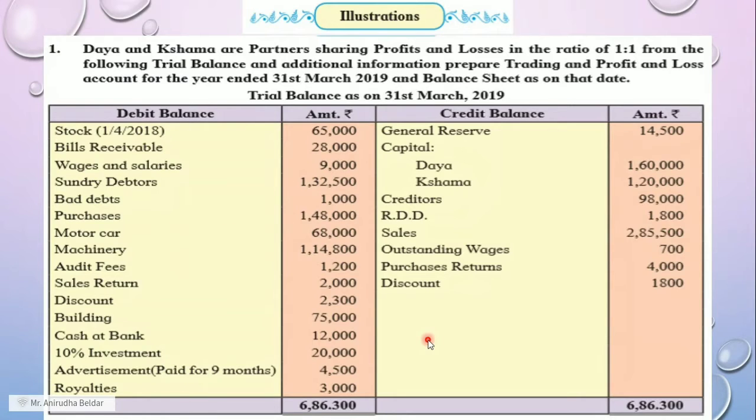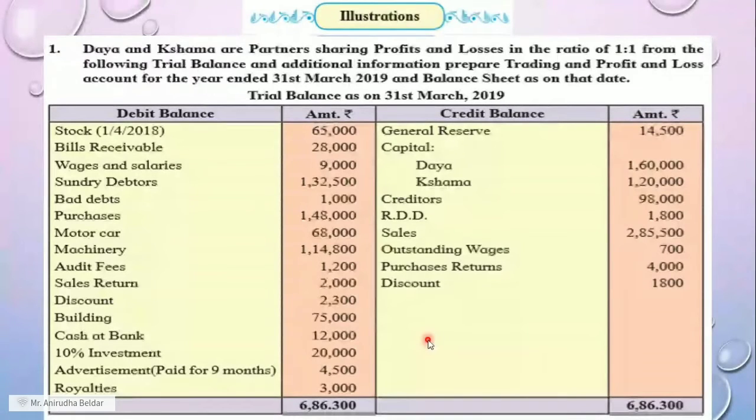Now, on your screen the trial balance is given, with debit balances and credit balances. We have studied in 12th standard how to prepare final account. First, we will allocate the expenses or income to the particular account.